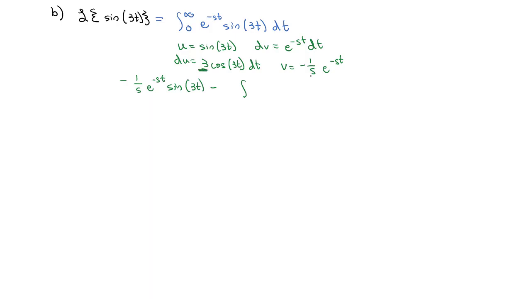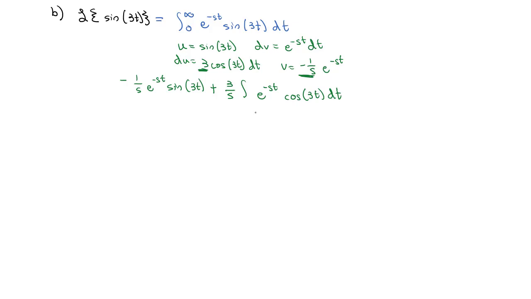Notice the 3 and the negative 1 over s, at least in terms of t, are constants. So I'm going to pull those out, which makes it a positive 3 over s times the integral of e to the negative st cosine of 3t dt.